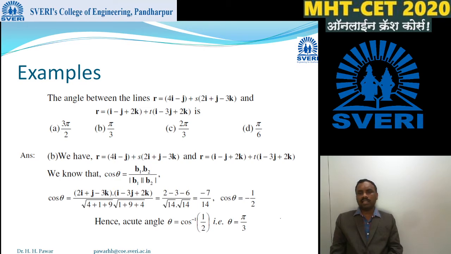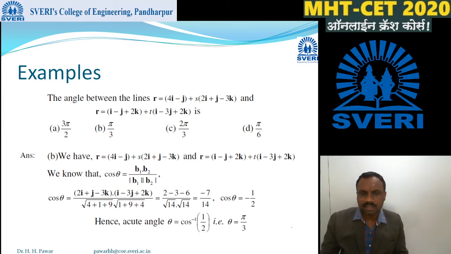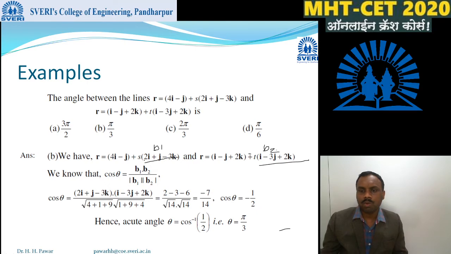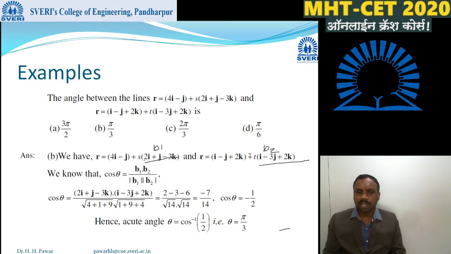So here in this case b1 bar is equal to 2i plus j minus 3k, and this one b2 is i minus j plus 2k plus t into i minus 3j plus 2k.